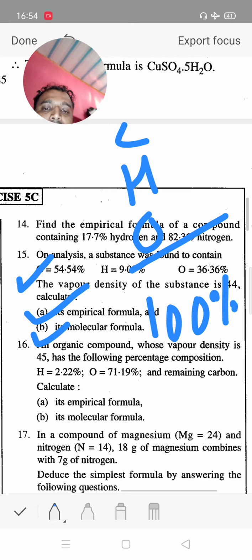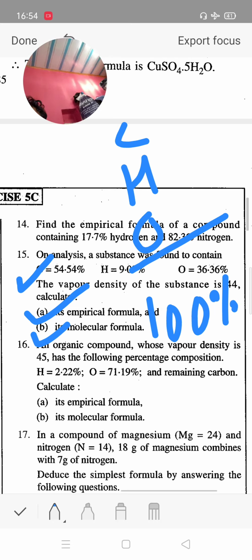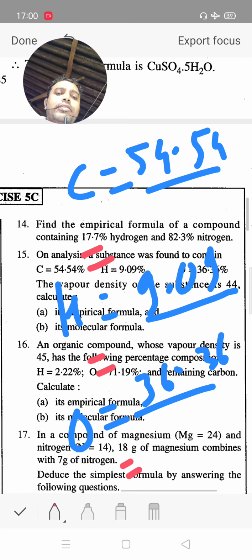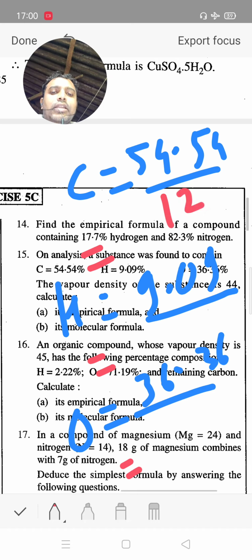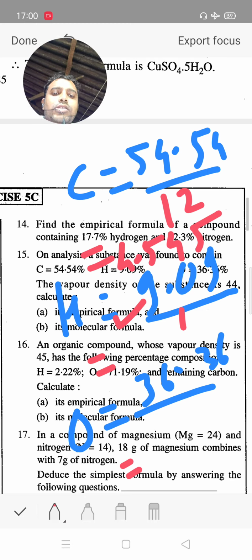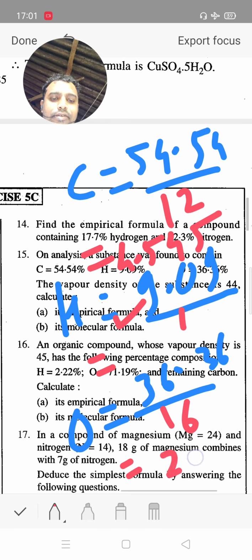Therefore no other elements are present in this compound. First we calculate carbon: 54.54 upon 12, then we get the value 4.545. Then hydrogen, 1 means we get the same value 9.09, and oxygen 36.36 upon 16, we get the value 2.27.